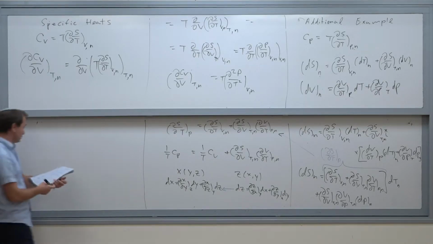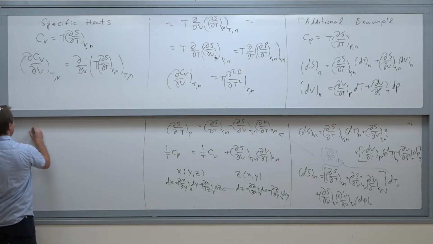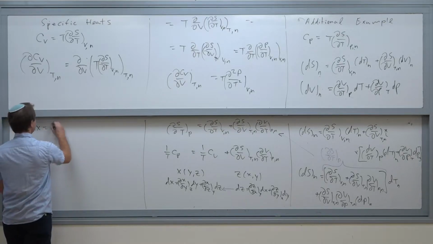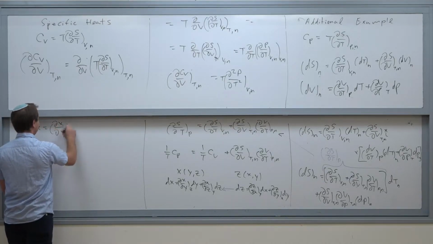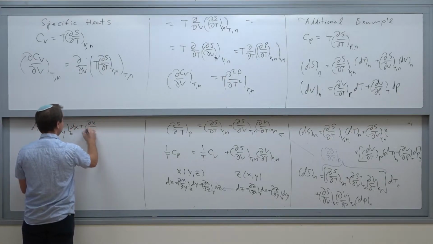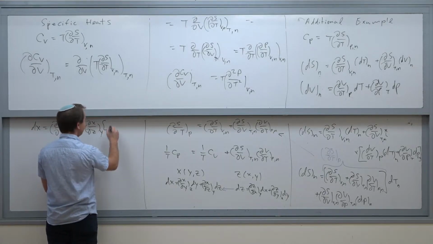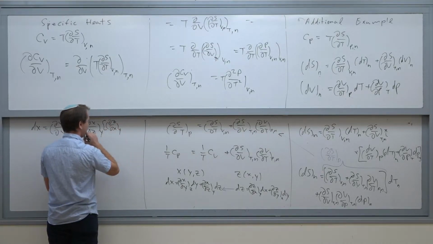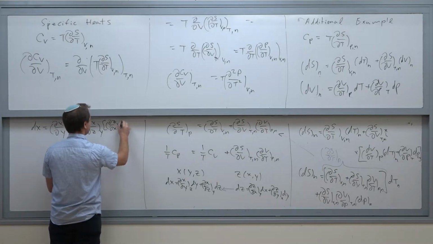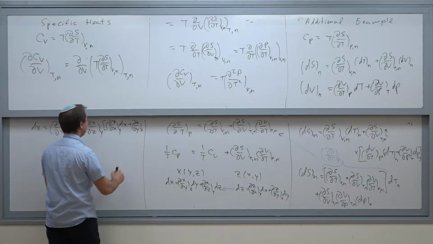And substitute it over here. So what are we getting? Any questions? No? We're getting that dx is dx dy constant z dy plus dx dz constant y, and here we have a multiplication instead of dz: dz dx constant y dx plus dz dy constant x dy.